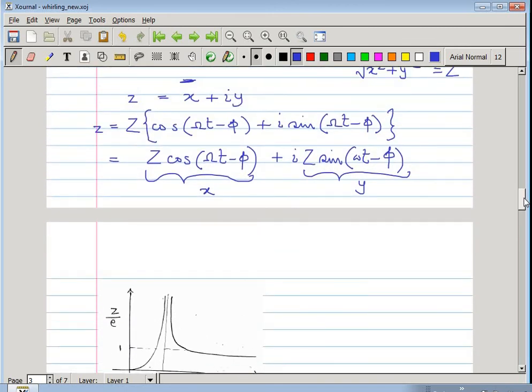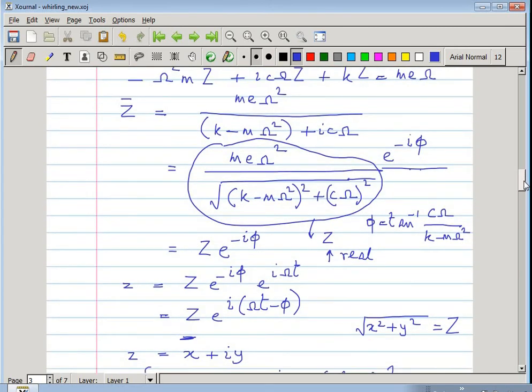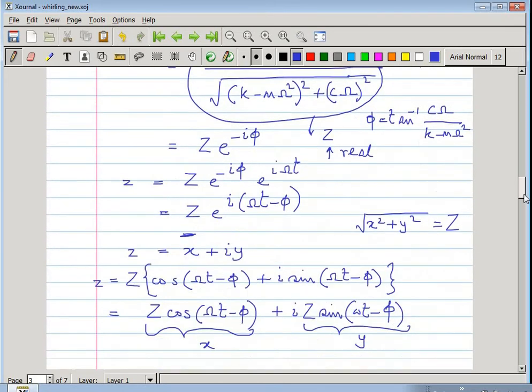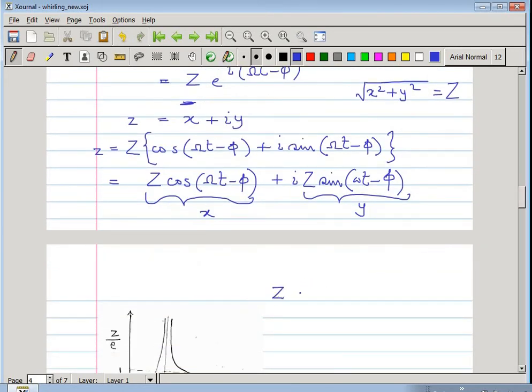Now if you non-dimensionalize, then Z equal to m e omega square by root over k minus m omega square whole square plus c omega whole square.